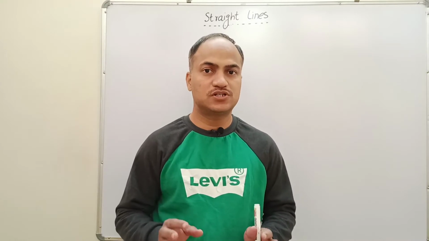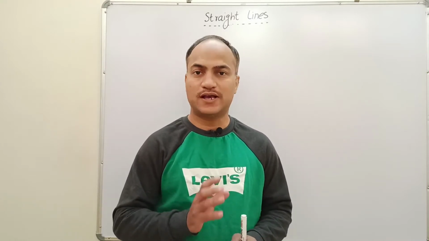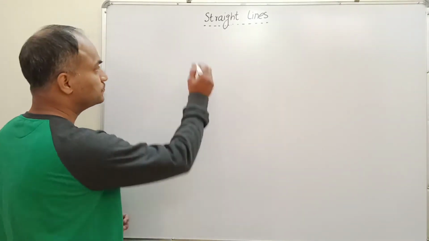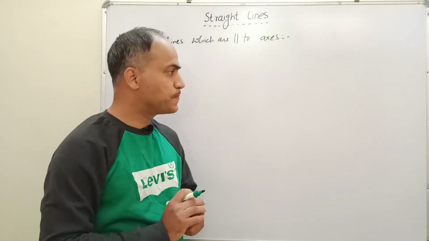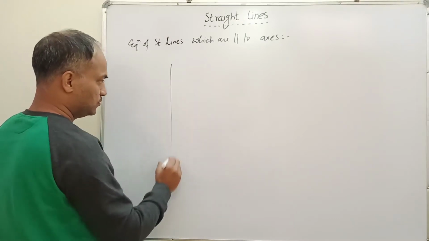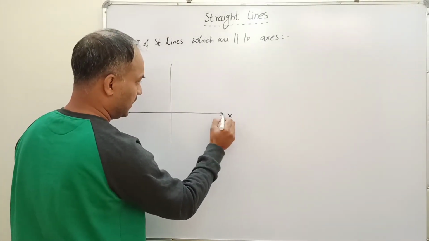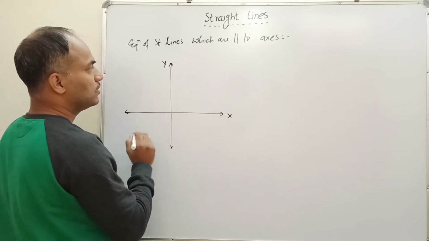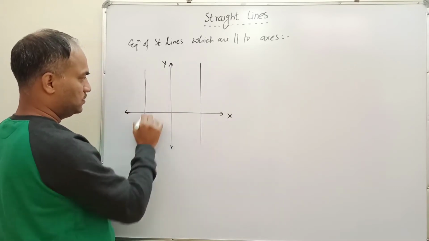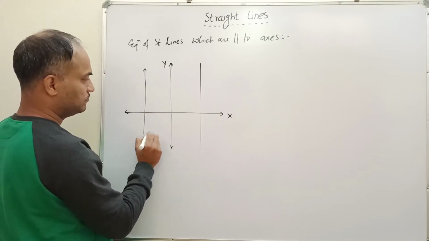Now we will discuss straight lines which are parallel to axes. This we discuss first. So suppose we have x and y axes and these are two straight lines.